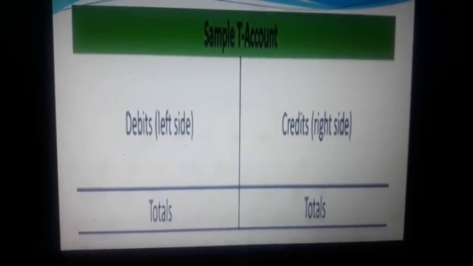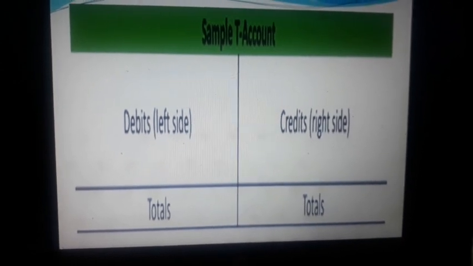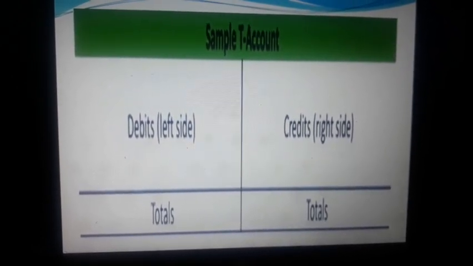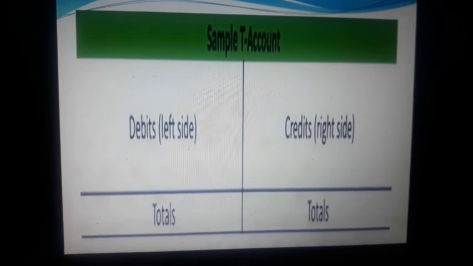Okay, so mga besh, ito po yung pinaka-simple na representation ng ating accounting equation. So, ang sa left side po natin ay total debits and the right side ay ang ating total credits.